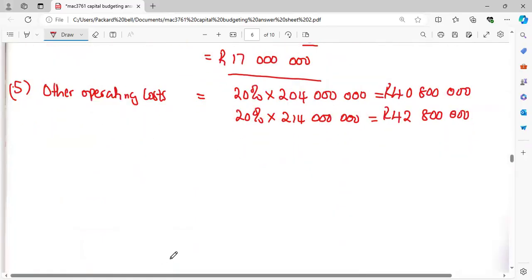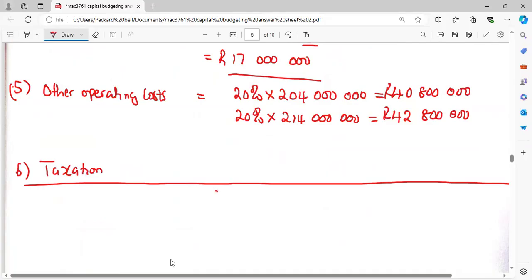So our C6 is going to be the taxation calculation. So we have our year 1, year 2, year 3, year 4, year 5.